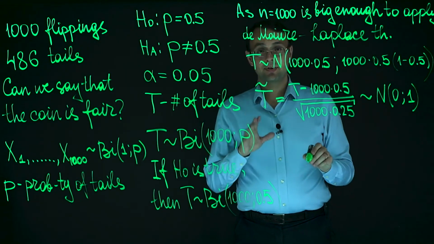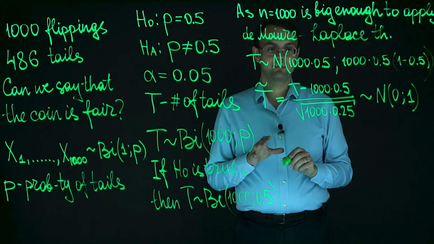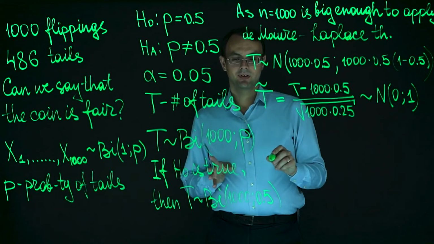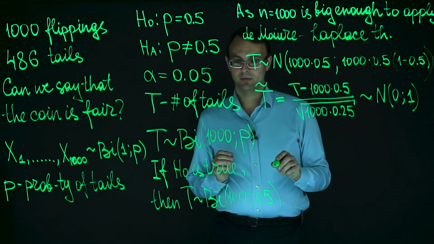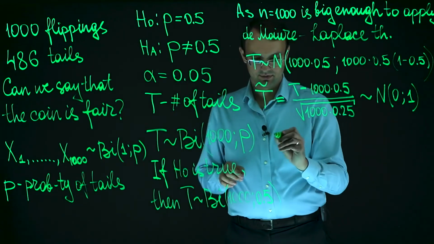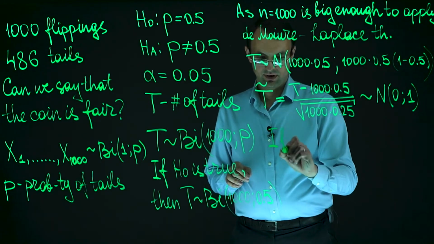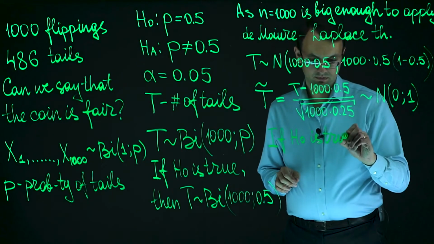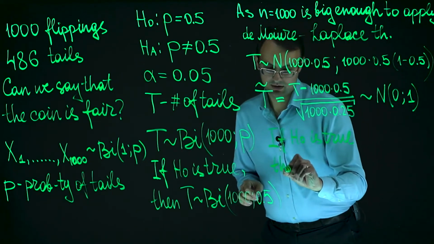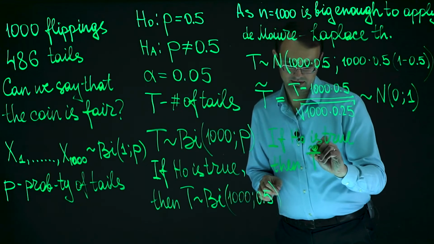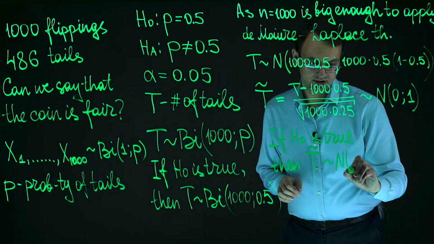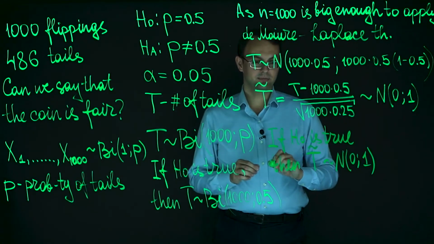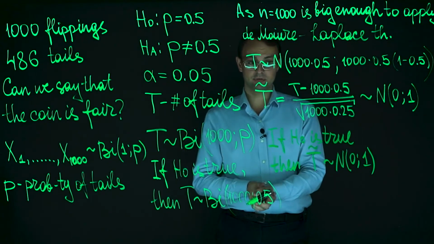So this is the final formula of our proposition. So if H0 is true, then T tilde has standard normal distribution, normal distribution with parameters 0 and 1.